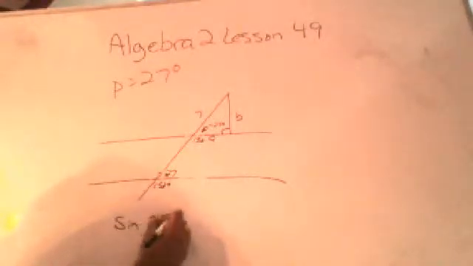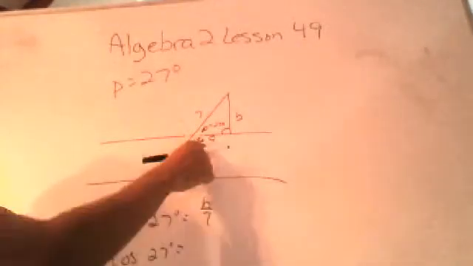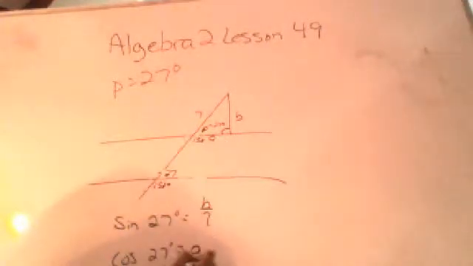Then they want us to find A and B. Normally we could use the Pythagorean theorem with the right triangle, but we're missing two sides, so it's not possible. You have to have only one unknown. But what is possible is we could say sine of 27 degrees equals B over 7. Cosine of 27 degrees equals A over 7.